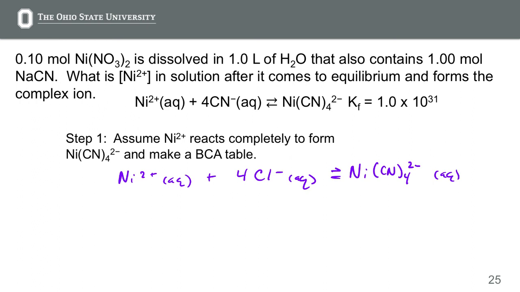Oops, and I made a mistake here. We're going to assume that this reacts all the way to completion, right? That's an assumption that we're going to make in order to make the next step easier.